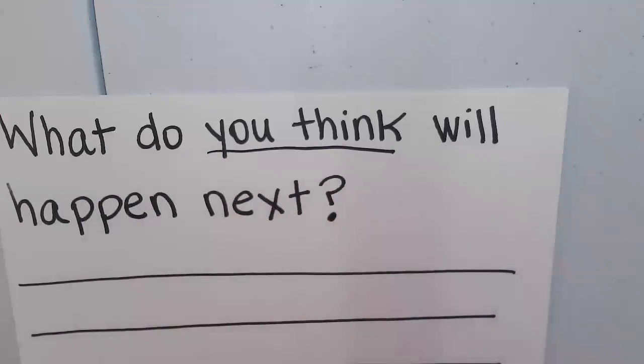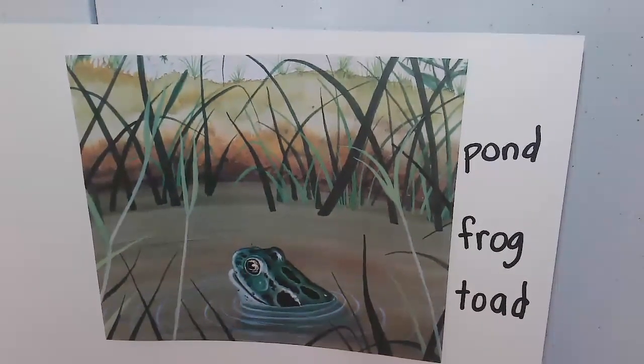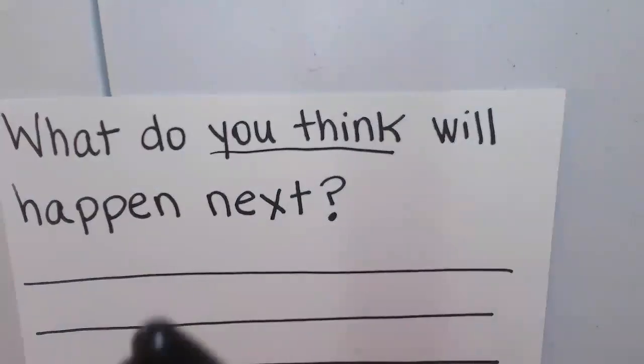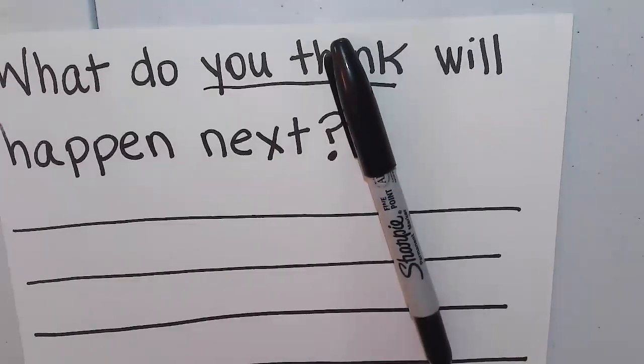Great. I saw some Zoom hands. I saw some live hands. Excellent. So now I want you to go ahead and think of your sentence or two, and I want you to write down, what do you think will happen next? What do you think will happen next? Go ahead and write it down. At least one or two sentences, please.